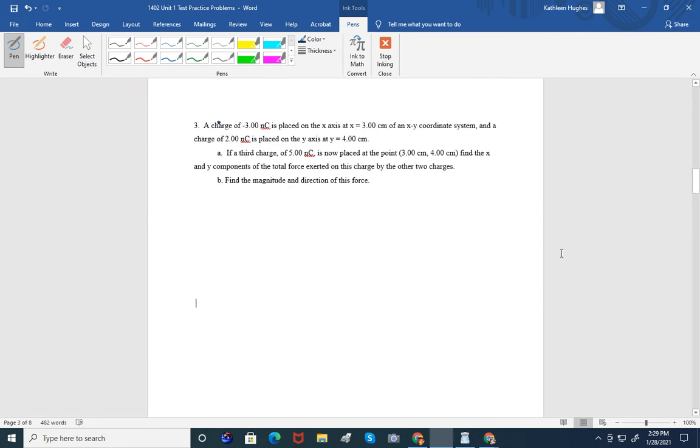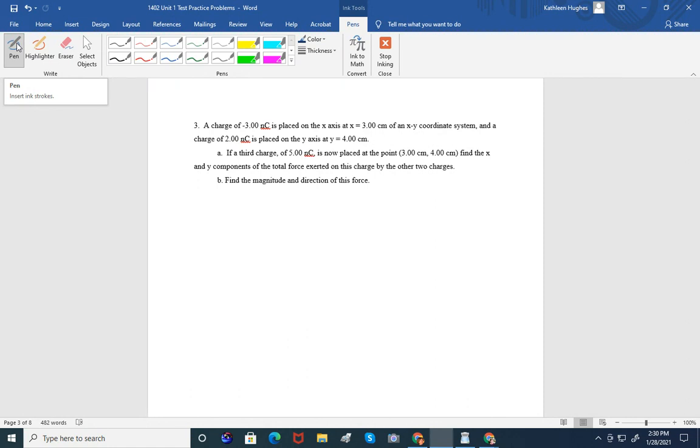All right. This one, let's see, a little stray mark I made earlier. It says, a charge of negative 3 nanocoulombs is placed on the x-axis at x equal 3 centimeters of an xy coordinate system, and a charge of 2 nanocoulombs is placed on the y-axis at y equal 4 centimeters.